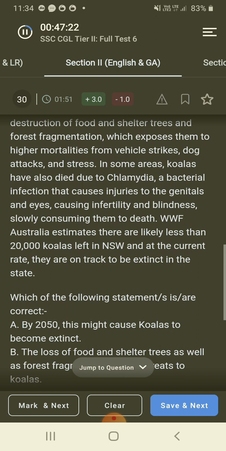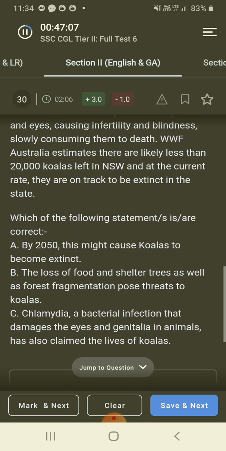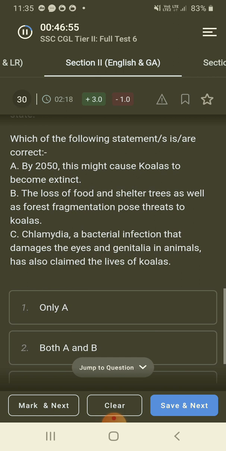In some areas, koalas have also died due to chlamydia, a bacterial infection that causes injuries to the genitals and eyes, causing infertility and blindness, slowly consuming them to death. WWF Australia estimates there are likely less than 20,000 koalas left in NSW, and at the current rate, they are on track to be extinct in the state.